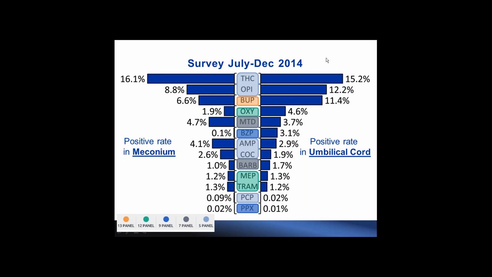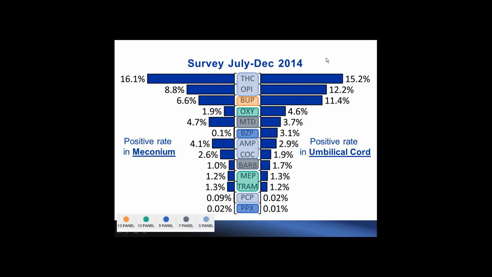What I do see is that in meconium, we test for different analytes. So first of all, there are two different analytes in two different specimen types. So there are two folds of differences.